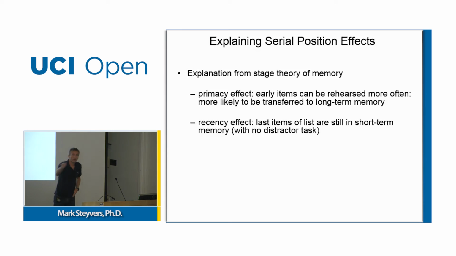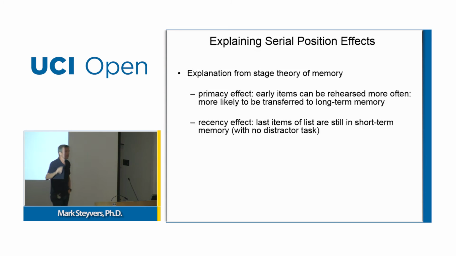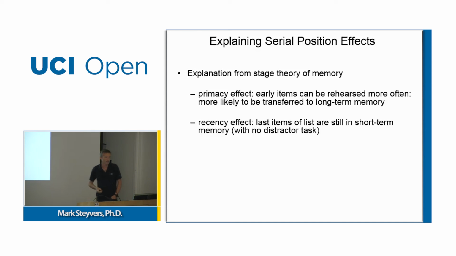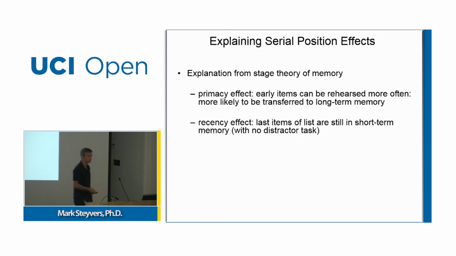But if you have some distractor task and you have to do some mental counting or some other activity, and then you can recall, then all your short-term memory is filled up with other material, so it's no longer there, and that removes the recency effect. So this is how the stage theory of memory explains the serial position curve, and how the serial position curve changes as a function of manipulation. Does that make sense to you, this explanation?